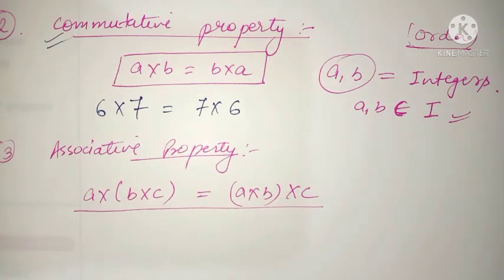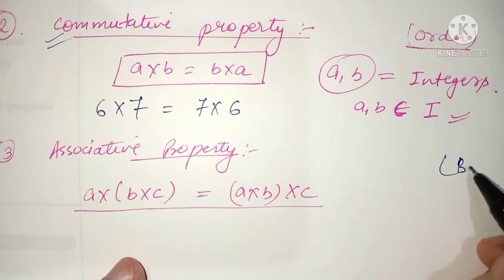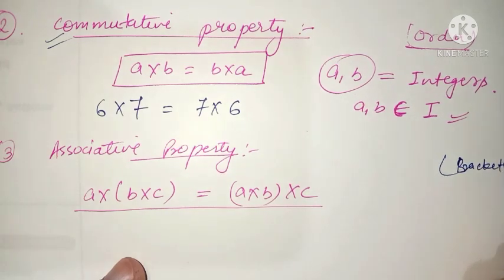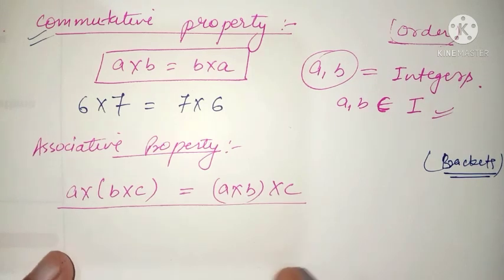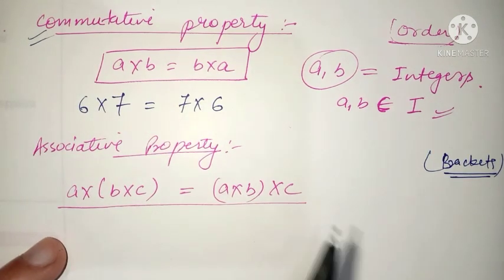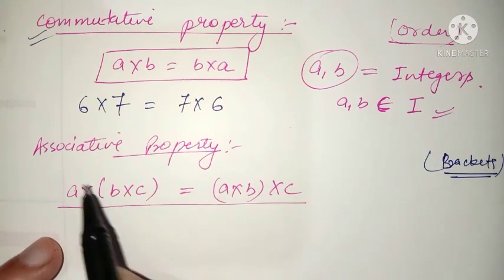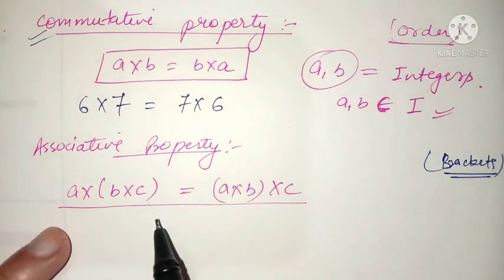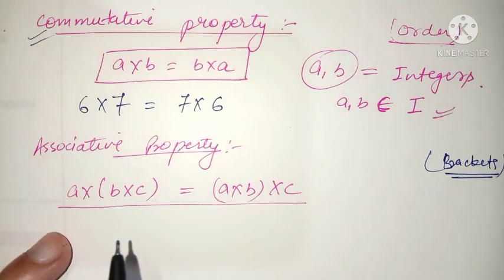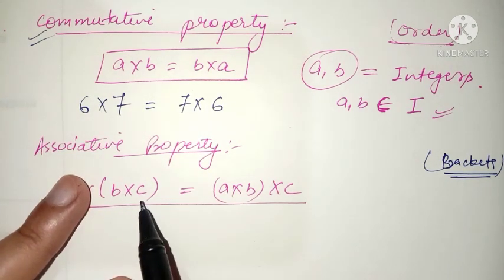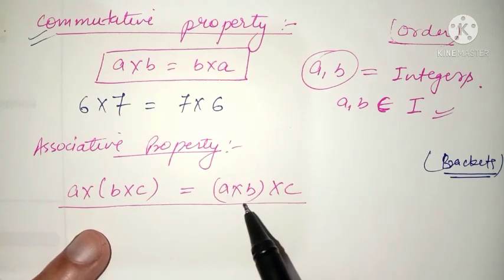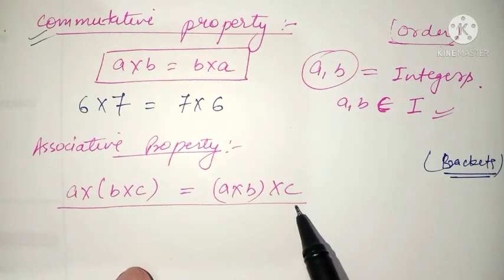Remember this just by the brackets: if we shift the brackets, it doesn't matter. It really doesn't influence the working here. The resultant is going to be the same, no matter if we apply this bracket over here, or first apply this bracket over here and then solve it with c.